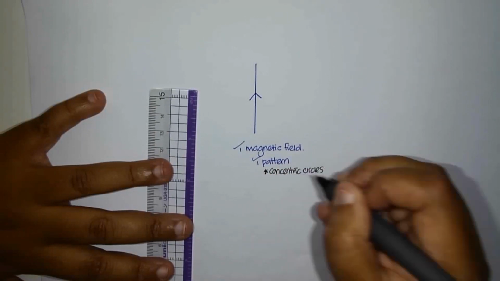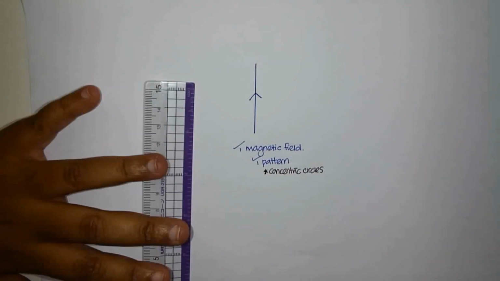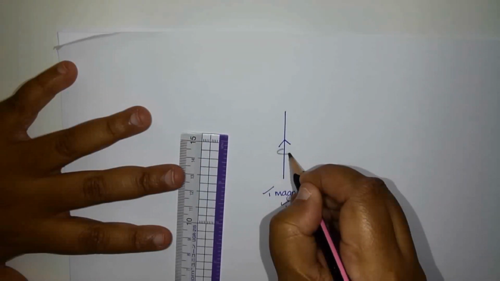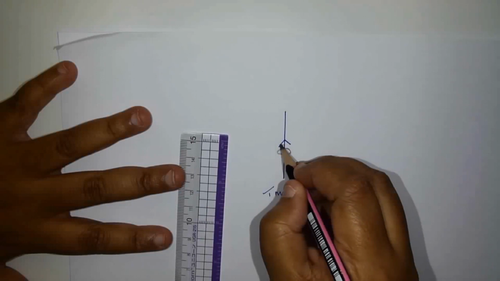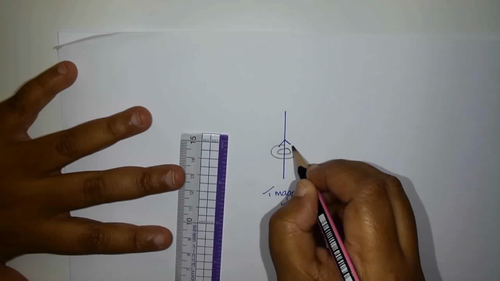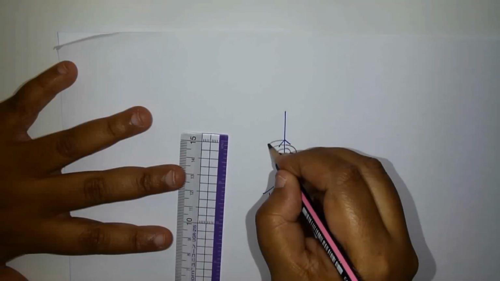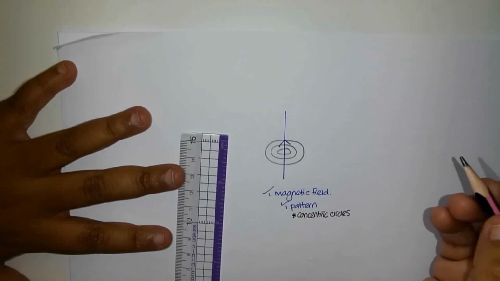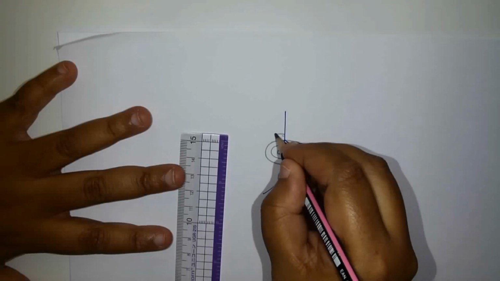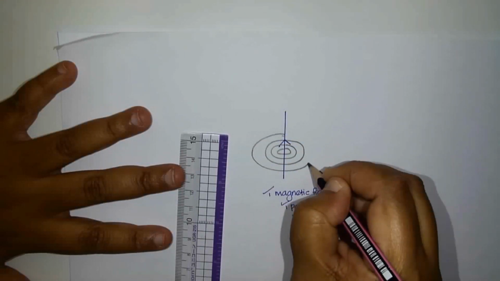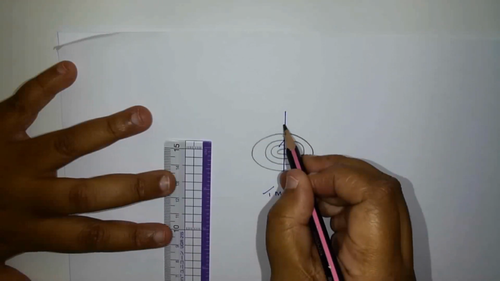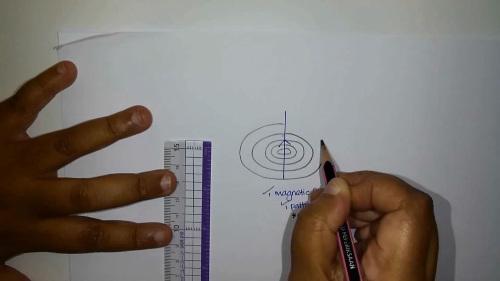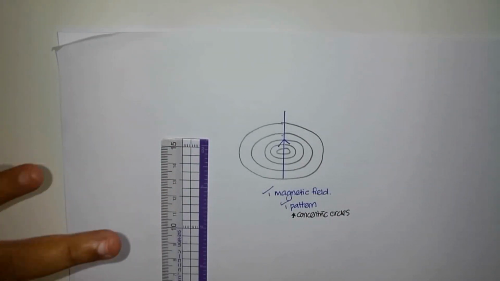If I draw here, they will look something like this. These are the patterns.